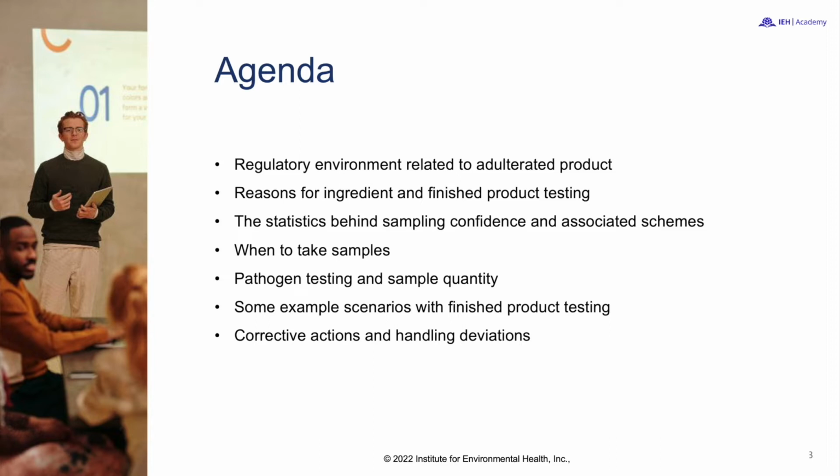The presentation is not meant to be a treatise on the statistics of sampling, but we acknowledge that you have to understand some underlying statistical concepts in order to really appreciate what kind of sampling plan you need. Also, we're really not going to talk about test methods.